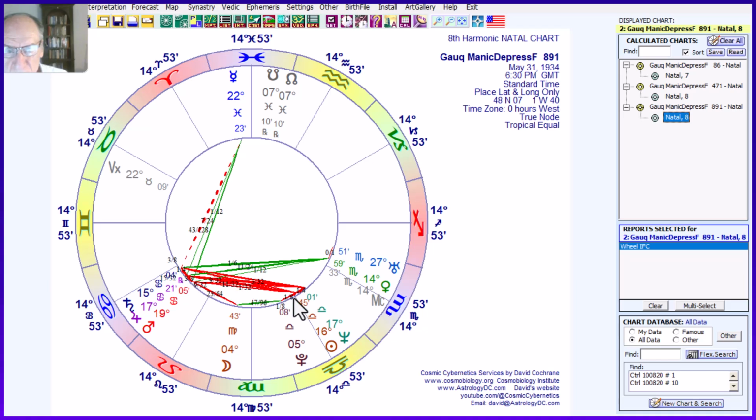Jupiter very tightly squared Sun and Neptune. That in particular is inclining the person to be very outgoing, very extroverted, wanting to grow, wanting to participate in life. And then there have to be two other planets there as well, Mars and Saturn, adding even more to it.